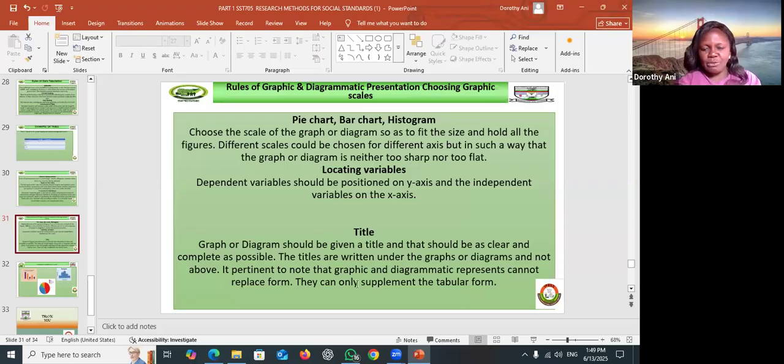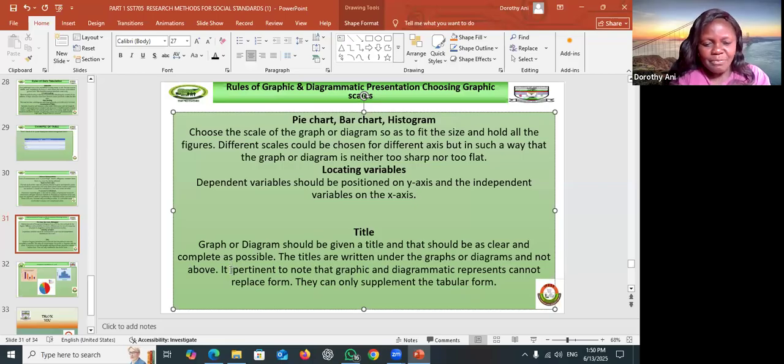It is pertinent to know that graphic and diagrammatic representation cannot replace a table. What we are saying is that you can use a table to complement the charts or the graphs, and you can use a graph to complement the table.